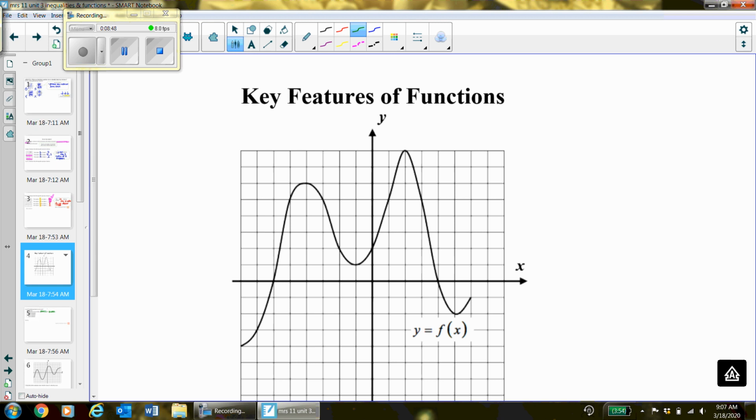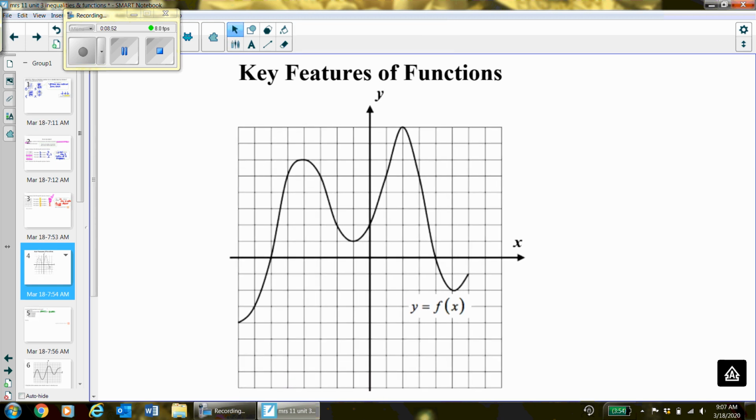Okay, so discussing key features of functions. We have absolute maximum, absolute minimum, relative maximum, relative minimum. Okay, so let's use red. So identifying the y-intercept. All right, so that's where you wanted to cross the y-axis. That's this point here.